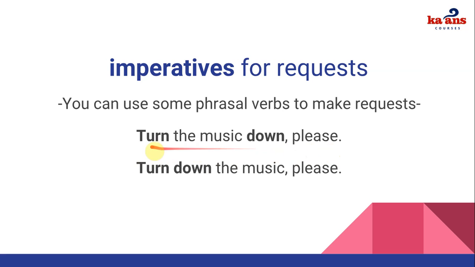So in this case, we have the phrasal verb turn down. We can put it together or separate it, or split it, as long as we have a noun. Okay, so here we have the music, and then turn the music down please, or turn down the music please.